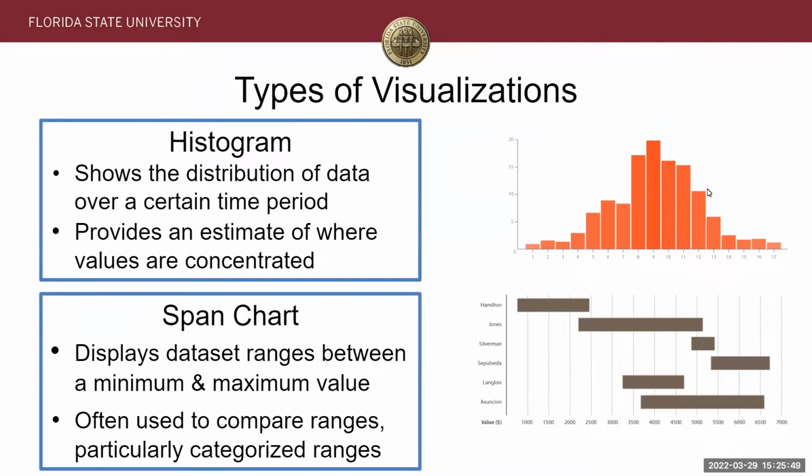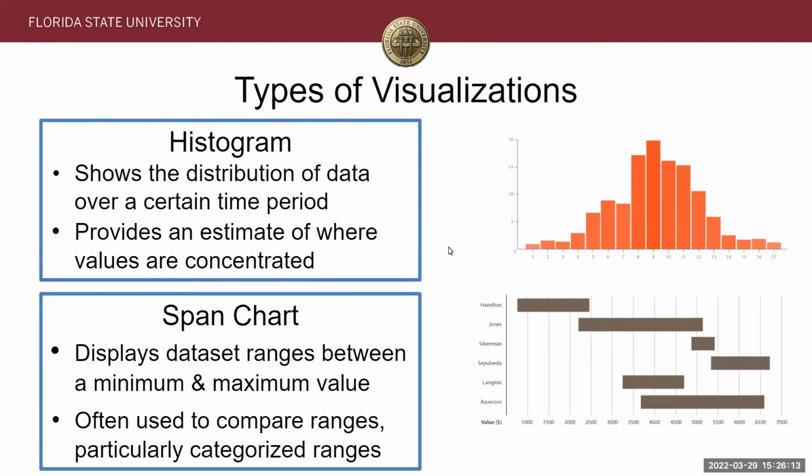And then a span chart is used to display data set ranges between a minimum and maximum value. So if you have several ranges of data and you want to compare those and see if there's overlap or if there's data that's spaced out from the other, span charts can be useful.